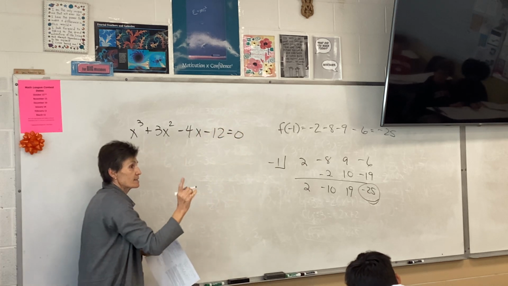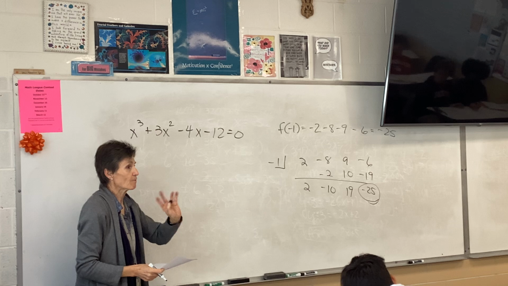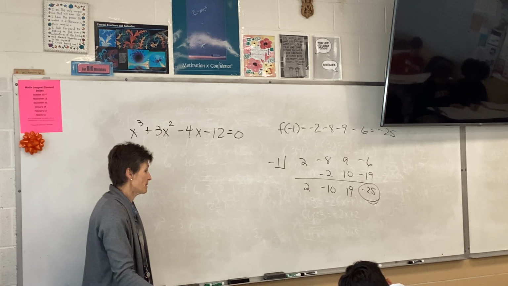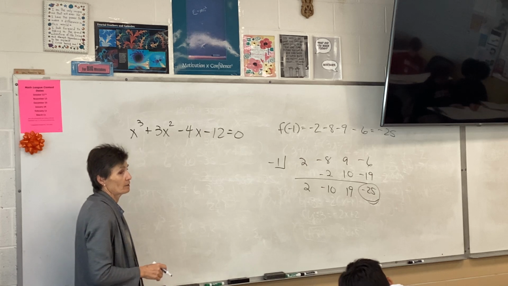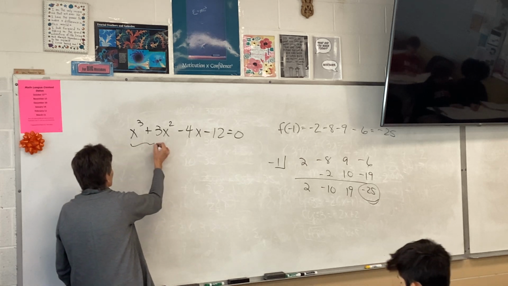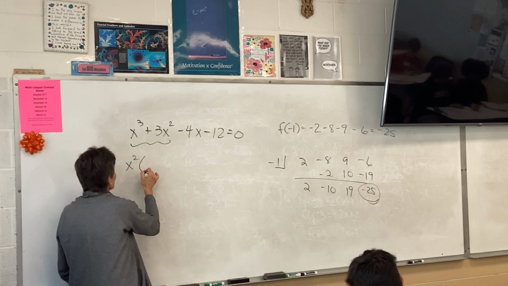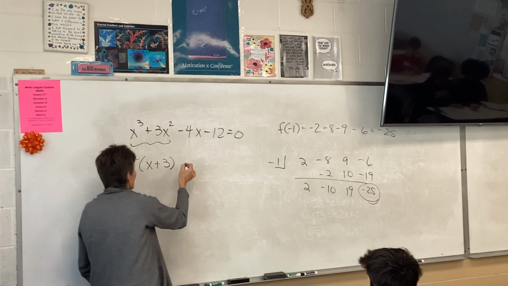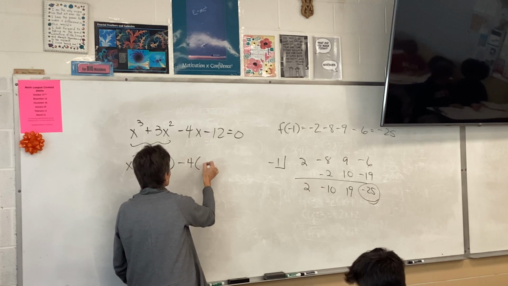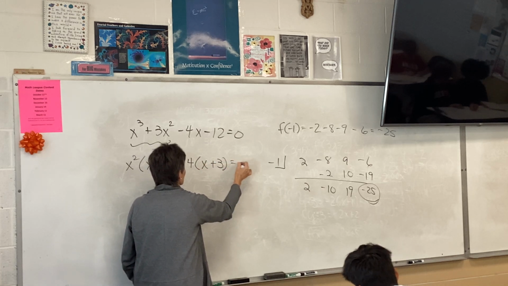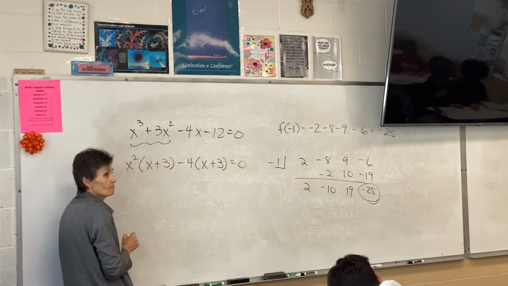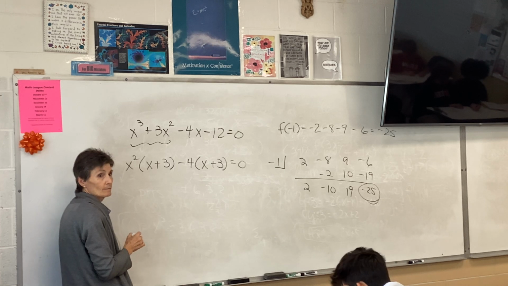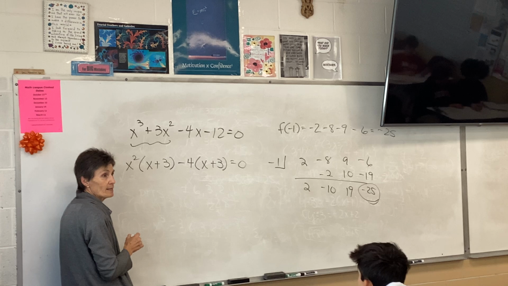If you notice that, grouping is always going to be your fastest option. Not your only option, but your fastest. So take out an x squared, x plus 3. Take out a negative 4, x plus 3. Everybody okay to this point?